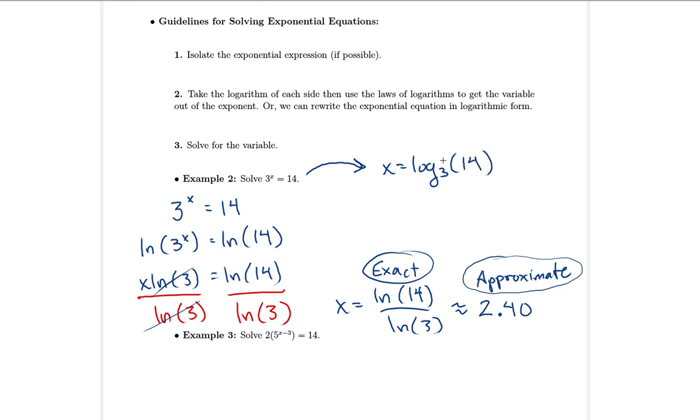But of course, the change of base formula would allow me to get it in a position to put it in the calculator, just like that. So if I'm just asking for the exact answer, I'm okay with this, or I'm okay with this, right? Either one of those is fine.